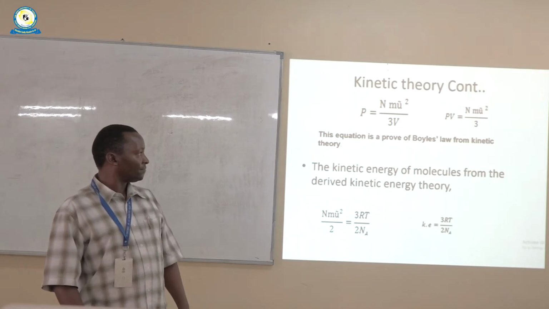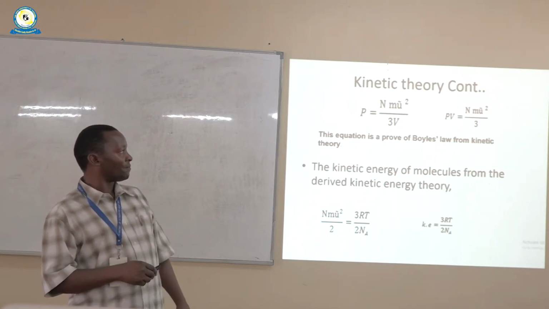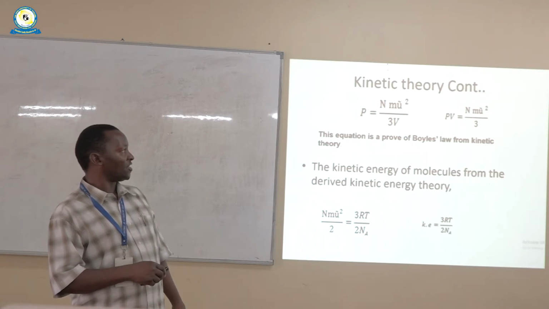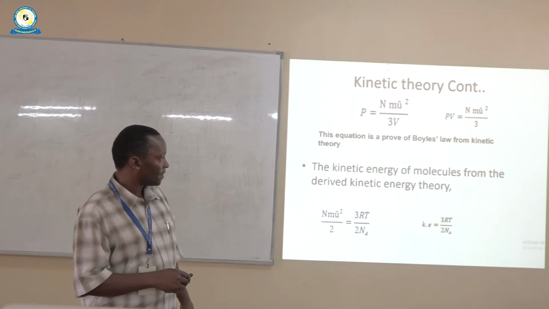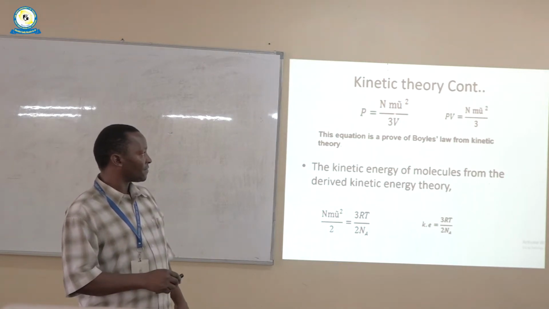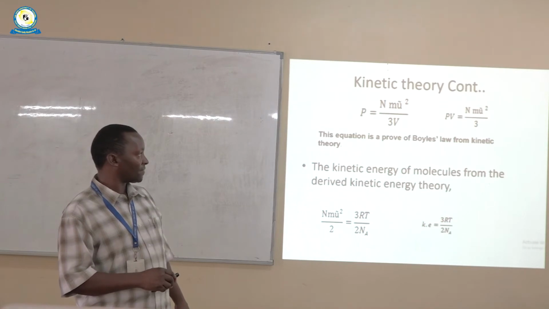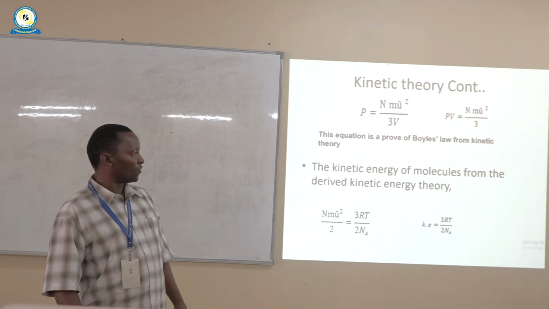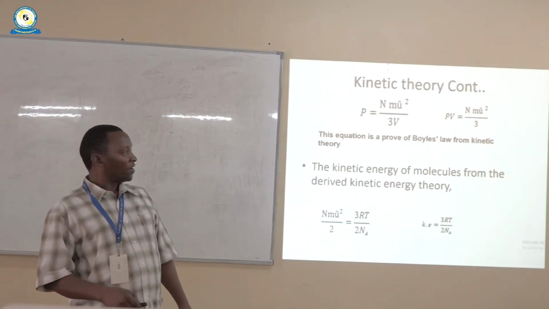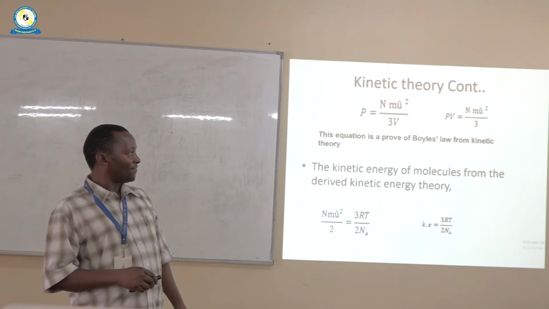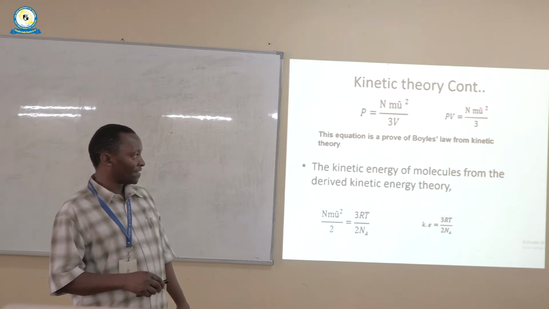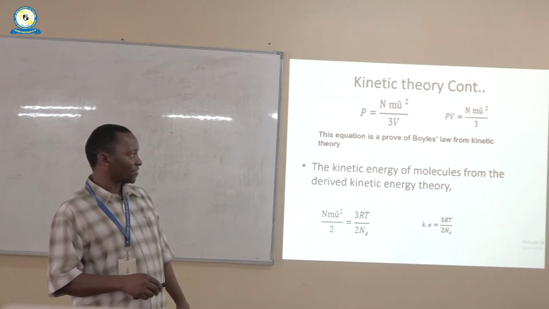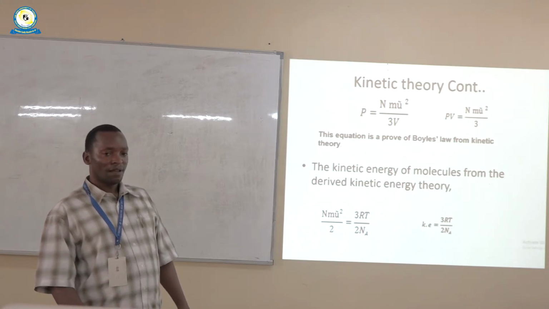So we end up having the pressure equal to number of molecules times mass of a molecule times average velocity squared over 3 times volume. If we rearrange, we will have PV equal to number of molecules times mass times average velocity squared over 3.